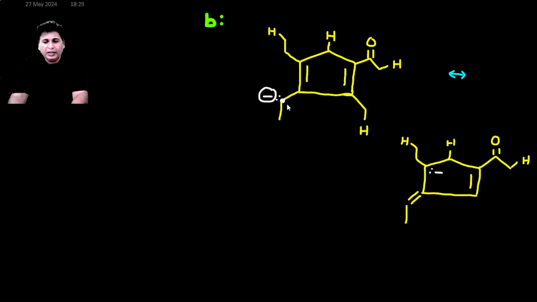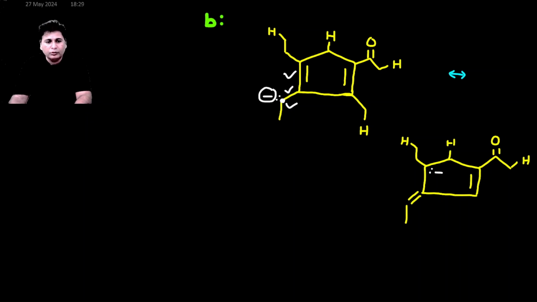Now if you see minus charge, single bond, double bond, from this you are confirmed that there is a conjugation and resonance will happen, delocalization of the charge will happen, and it will increase the stability of this anion, and therefore the acidity will increase due to this stability.